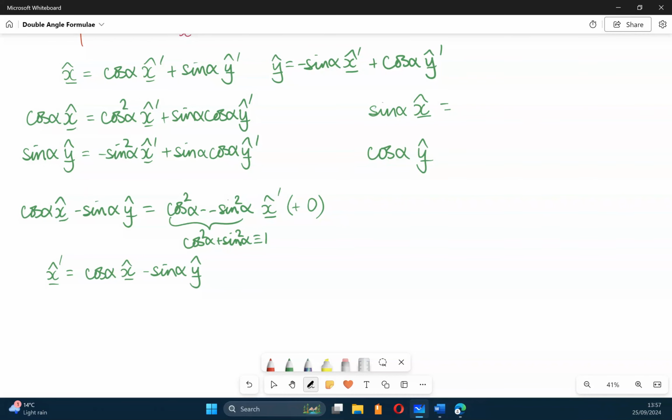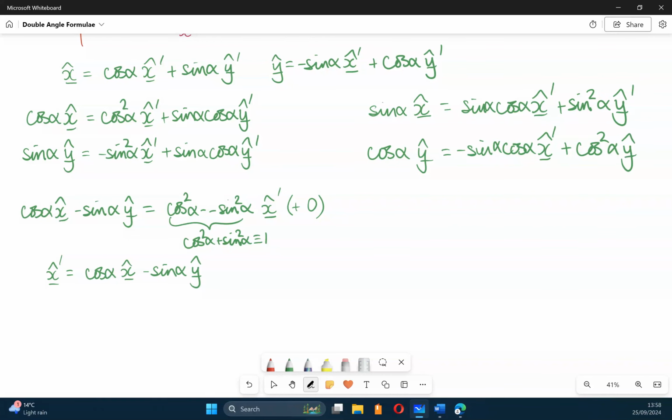So this part becomes sine alpha cosine alpha x prime hat plus sine squared alpha y prime hat, and then this part becomes minus sine alpha cosine alpha x prime hat plus cosine squared alpha y prime hat.